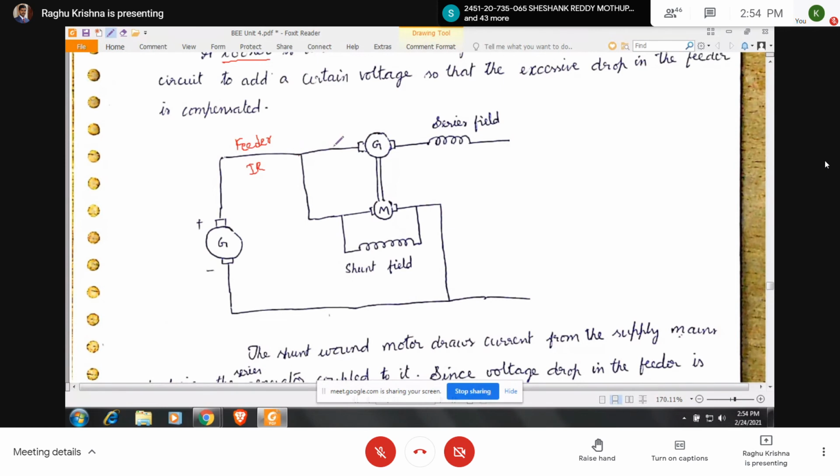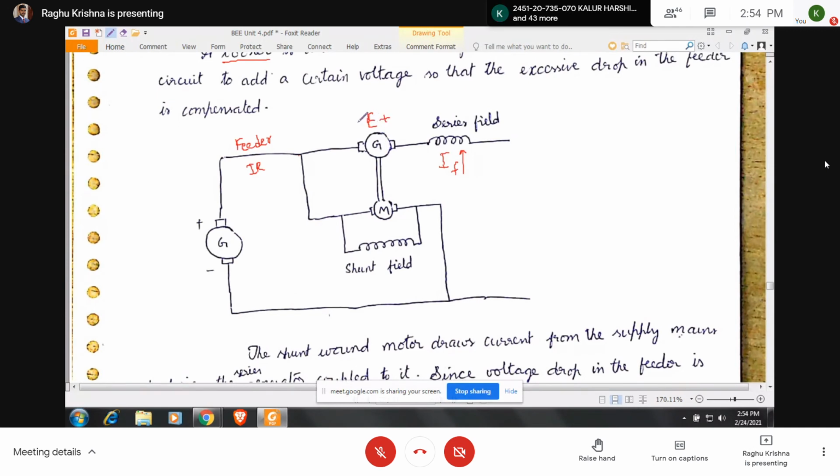As the load increases, what happens? In the series field winding, the current will be more. So this current increases, so the field current increases. If field current increases, more voltage will be added. Let us take E as the EMF generated by this series generator.